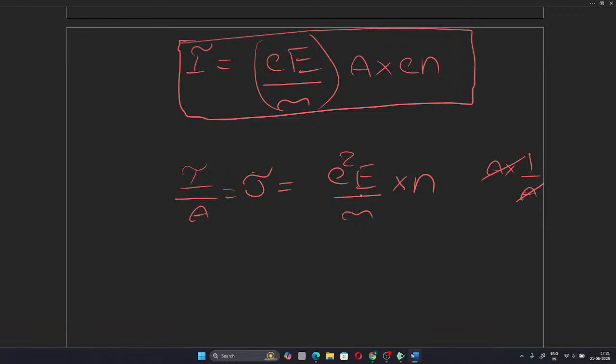This is n e squared tau E by m. This will be current density.